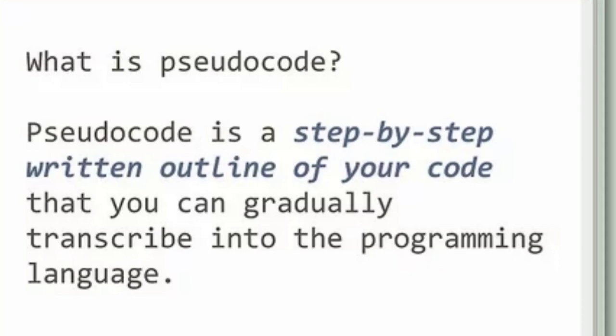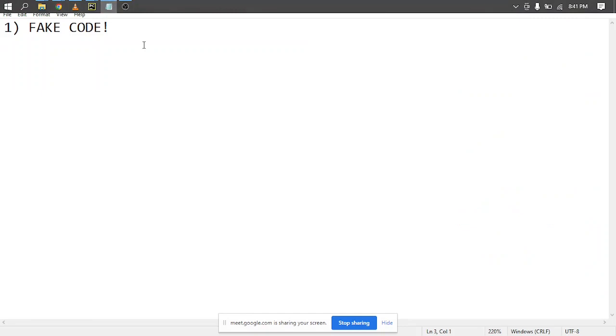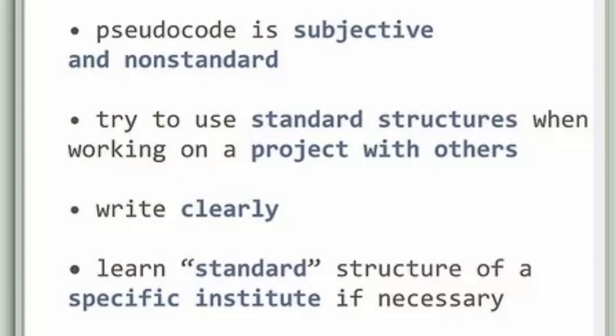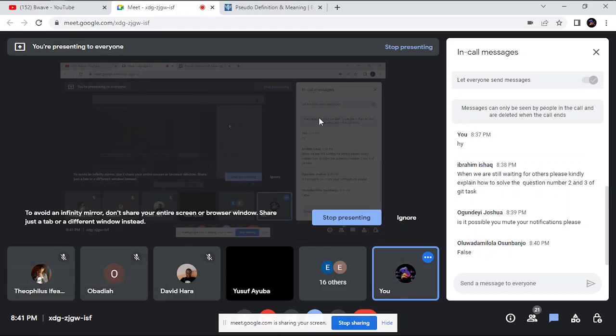So what's the essence of pseudocode? Pseudocode is to list down or prepare the steps for your code. Why do we need to write a fake code? When you're solving problems, what you want to first do is to know the problem.